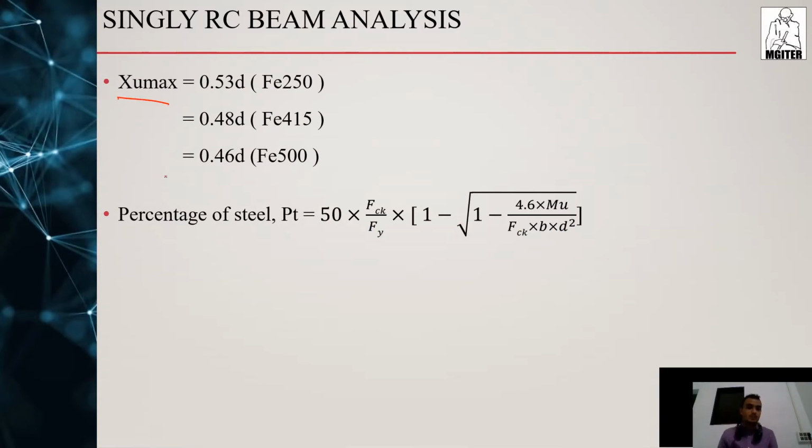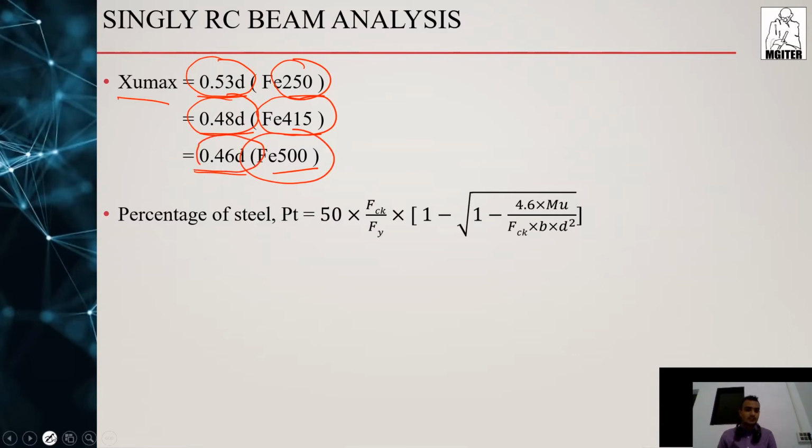Then xu max, which means the maximum depth of neutral axis, for each grade of steel. For Fe250 it is 0.53d, for Fe415 grade steel 0.48d, and for Fe500 steel 0.46d.